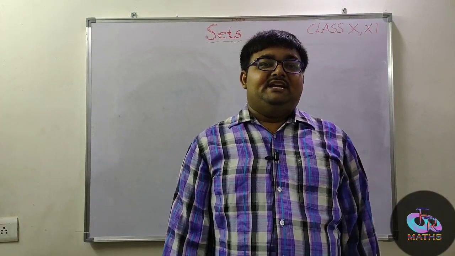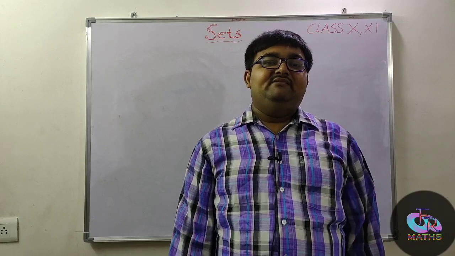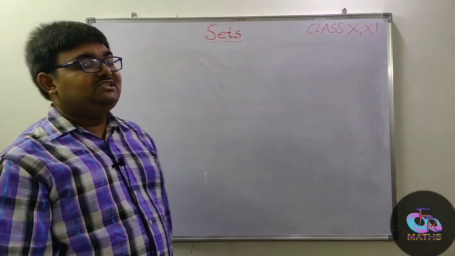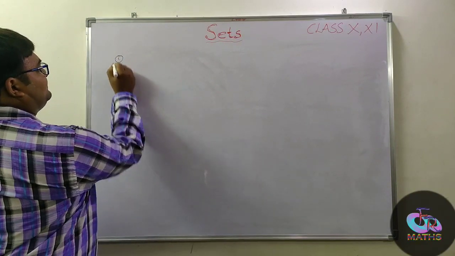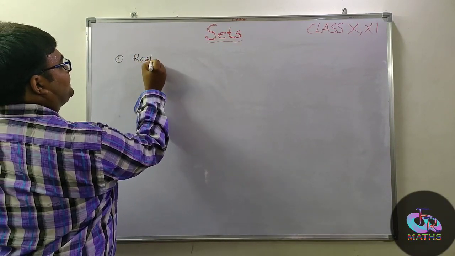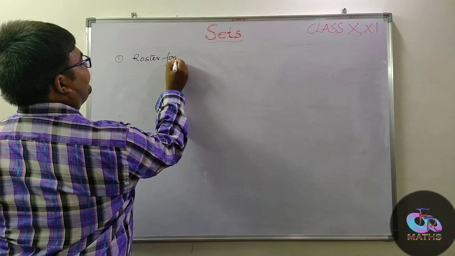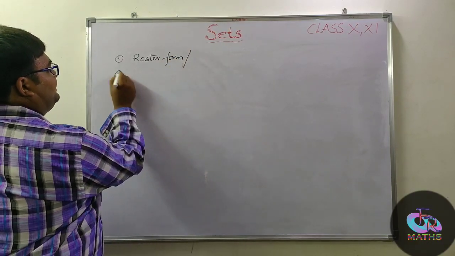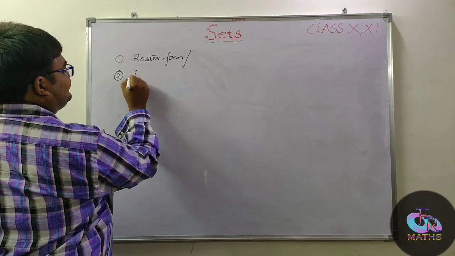Now to represent sets, we have 2 forms. The first form is roster form or list form, and the second one is set builder form.